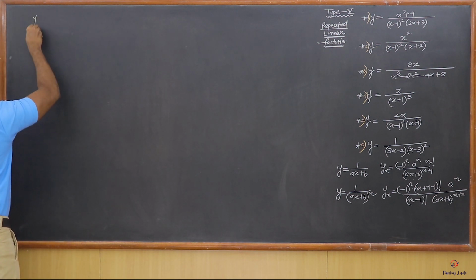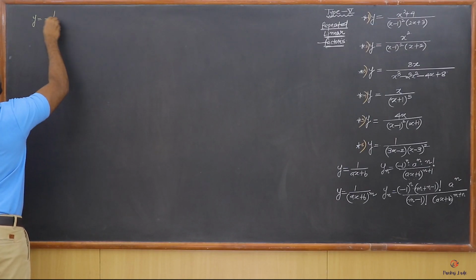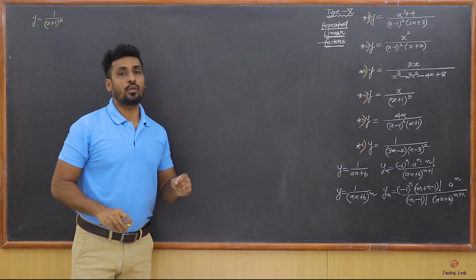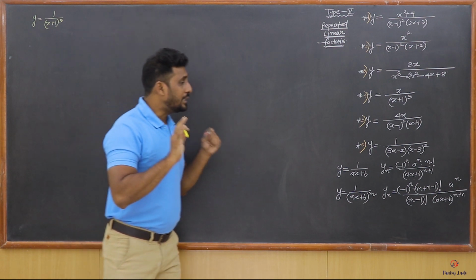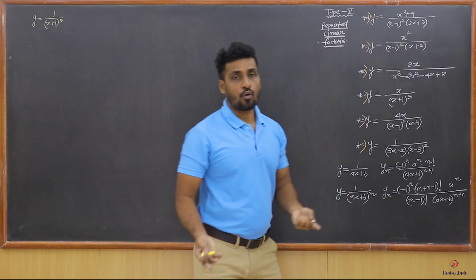I write, say y is equal to, I take some example, say 1 upon x plus 1 to the power 5. Now, you should always take care that the power of the numerator should always be less than the power of the denominator.